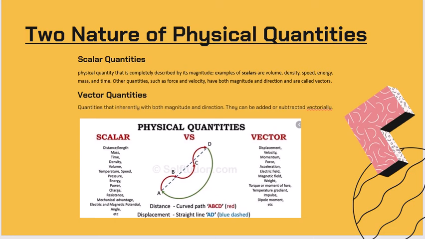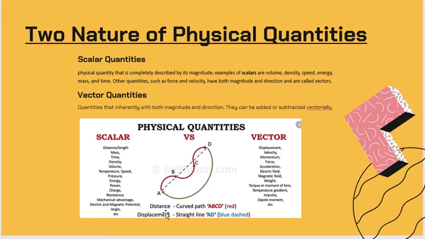So based on our given representation, dito mapapansin nyo yung scalar, ito yung sinusukat niya na measurement, samantalang dun sa vector, ito naman yung sinusukat niya na measurement.